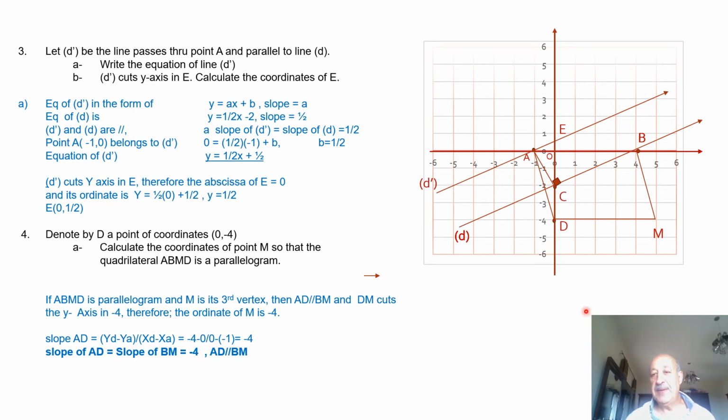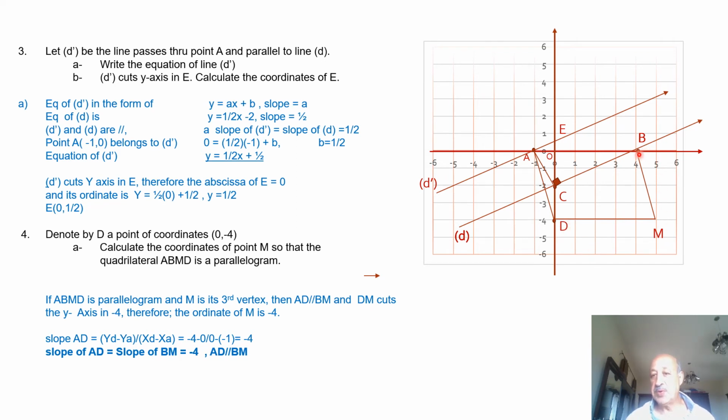If ABMD is a parallelogram, it means M is the third vertex of this parallelogram. So A is the first vertex, B the second, M is the third, D is the fourth. So AB should be parallel to DM and BM is parallel to AD.